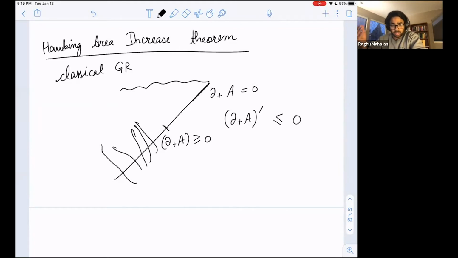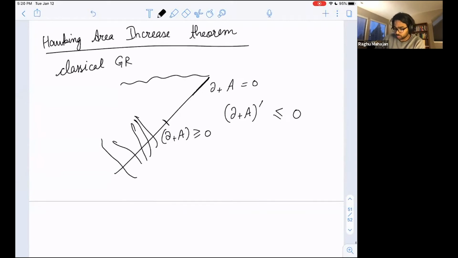And that's basically the area increase theorem in classical GR. We use the fact that we are looking to the past of the event horizon at which the area has stabilized to some value. And of course, this assumes the null energy condition. We assumed the null energy condition to derive the Raychaudhuri equation.